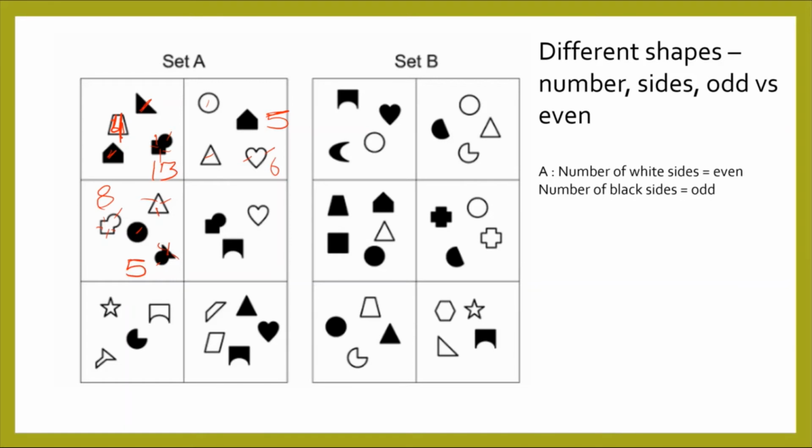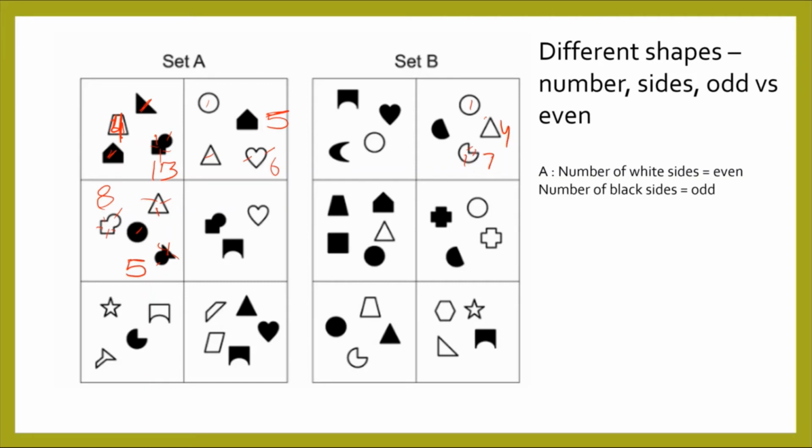So for A, we have an even number of white sides and an odd number of black sides. Let's see if the rule for set B will be the opposite of this. We can start with this shape because it seems easier to me. There's 1, 4, and 4 plus 1 plus 3 is 4, plus 5, 6, 7.